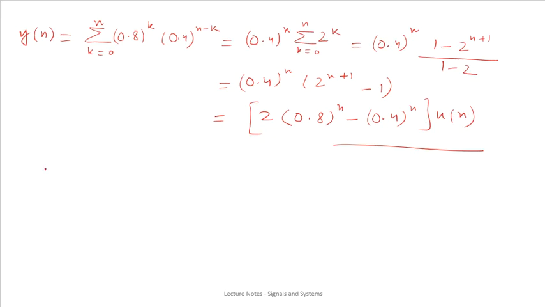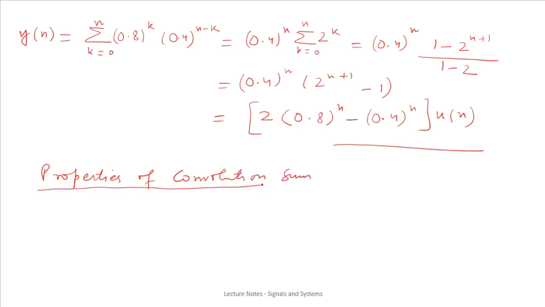Now we will quickly discuss the properties of the convolution sum, or the properties of the discrete time convolution. Most of these properties are the same as those we had already discussed for the convolution integral, but still we will go through them quickly. The first one is the commutative property.